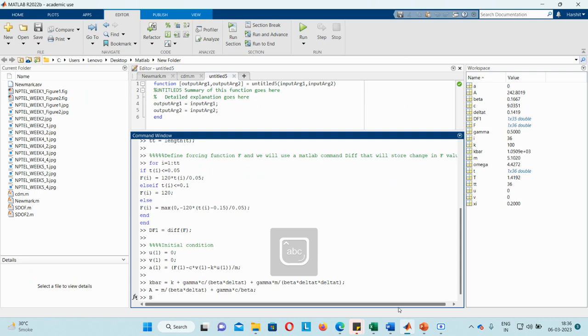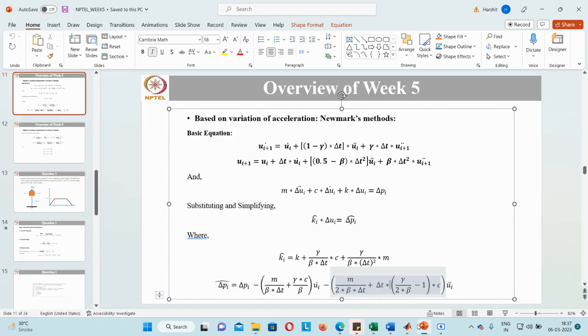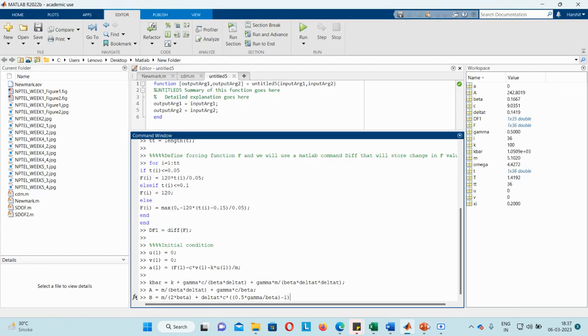Okay, and then b will be m divided by 2 beta plus delta t times c times (gamma divided by 2 beta minus 1), that is, delta t into (gamma upon 2 beta minus 1) into c.